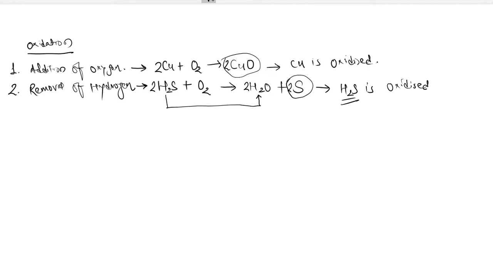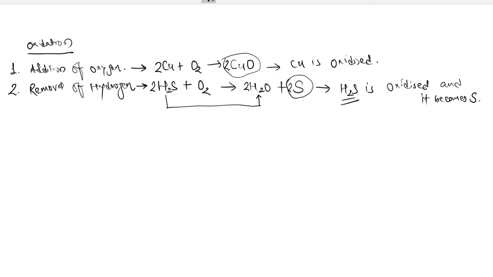H2S is oxidized and it becomes sulfur. So oxidation is addition of oxygen, and it is also removal of hydrogen. Both of these things are oxidation.